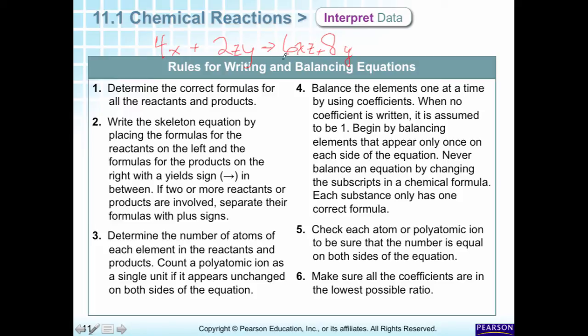That's really probably not the best way. Instead of 4, 2, 6, and 8, you might end up having 2, 1, 3, 4. It could probably be reduced to that as the coefficients. You would have to check it out. Okay?